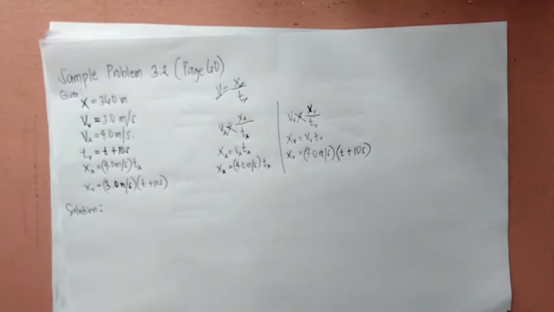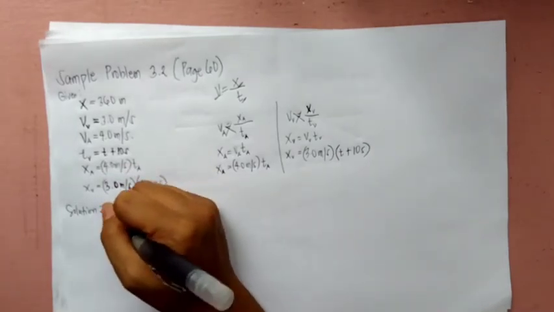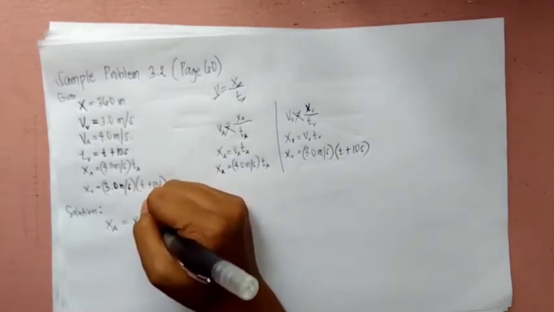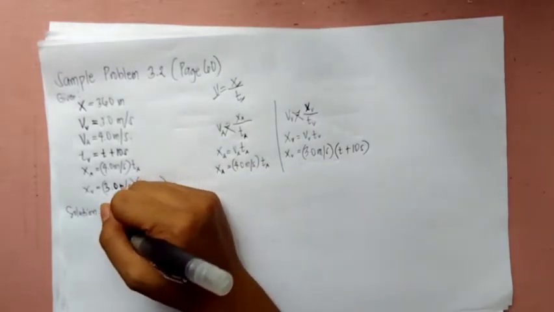Okay, the question is, how long will it take Angelito to overtake Vanya? So we are asked how many seconds Angelito will take to overtake Vanya. So to overtake, Angelito's distance must be equal to Vanya's distance. In an equation, that can be presented as x sub A equals x sub V. If you are overtaken, of course, the distance that you cover should be equal.